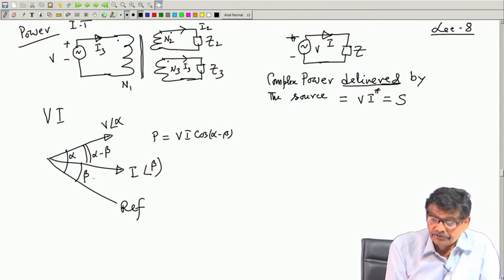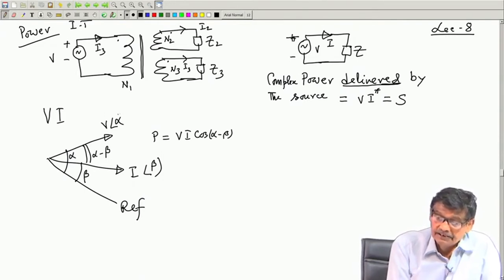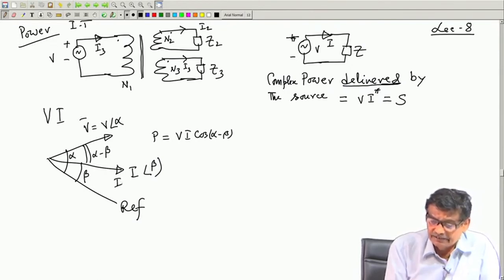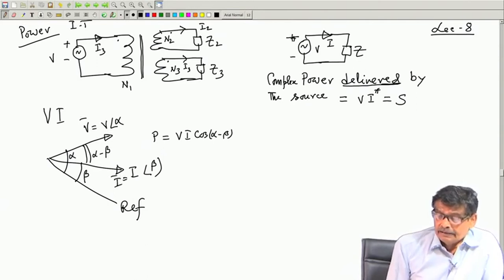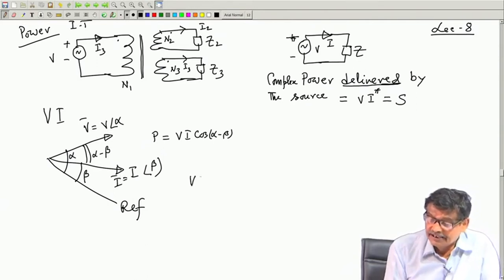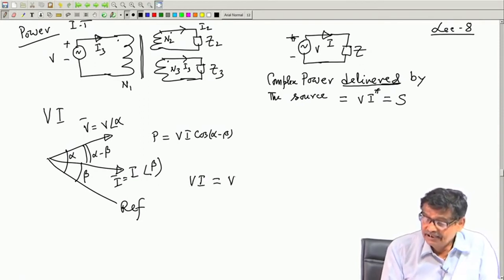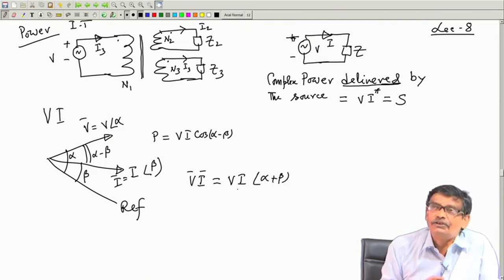So, V is V angle alpha. I am omitting this bar all the time, but these are phasors. Therefore, if you simply multiply these two complex numbers, it will become V I angle of alpha plus beta, and the real part of it is not real power.